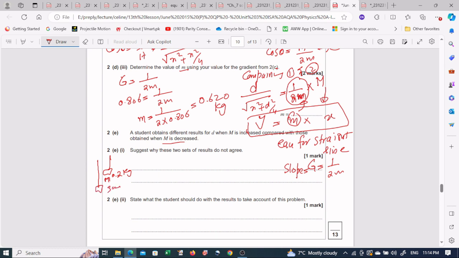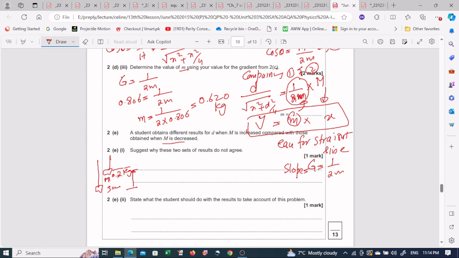This is loading. When I remove this 0.2 kilogram, meaning unload, it must go to the same position, but that does not happen. It will not return to the same position it came from.